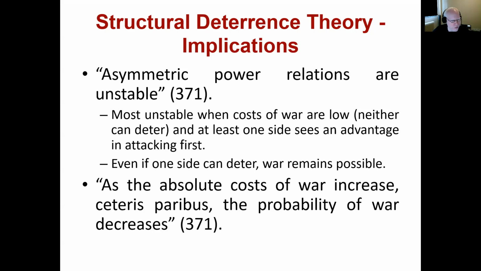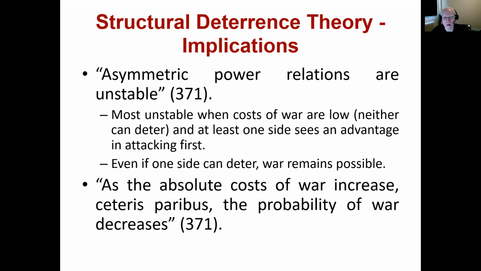So if the absolute cost of war increases, all else being equal, the probability of war decreases. In the Cold War, we are in a situation of extremely high cost of war and not asymmetric power relations, but parity: a balance of power between the two states. The argument goes that this was a doubly stable relationship.